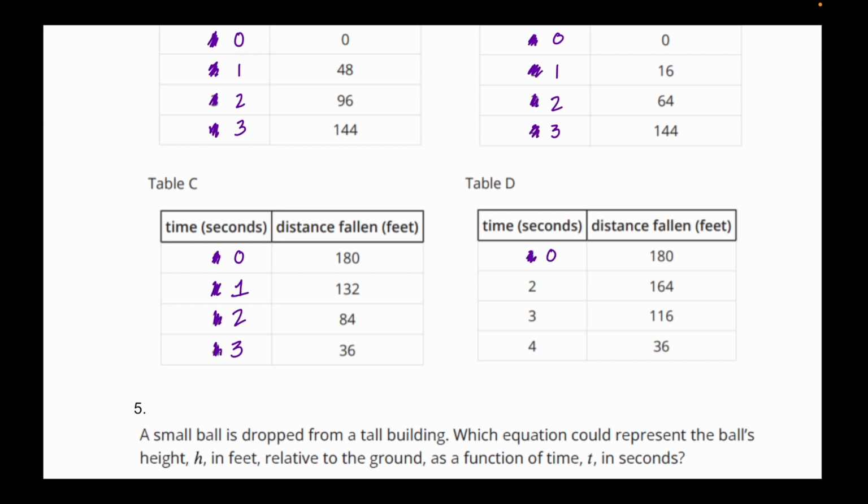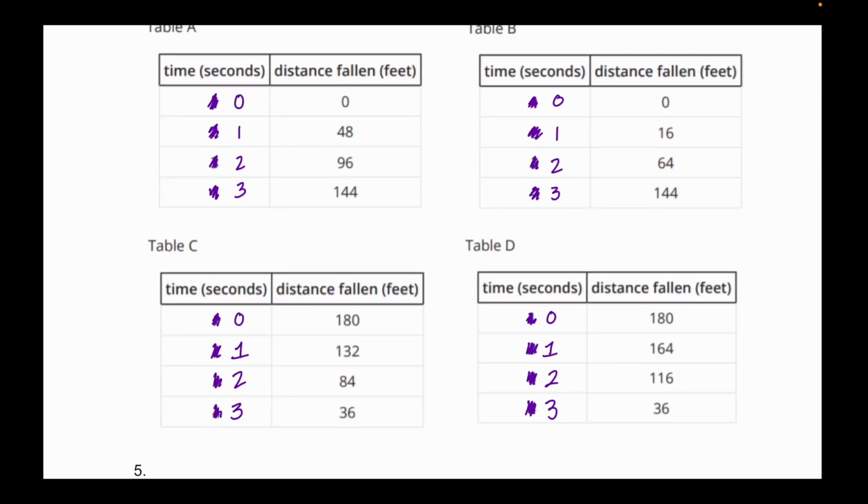we want to look for how many feet it has fallen. So it only makes sense. We have two options when we look at our tables here. So let me backtrack here. I have either a table where I have numbers that are starting small and then growing bigger, or I have tables with numbers that are starting big and then getting smaller.